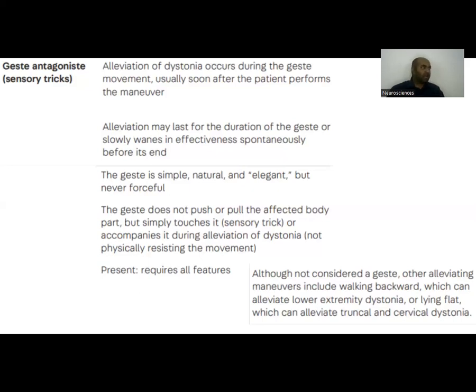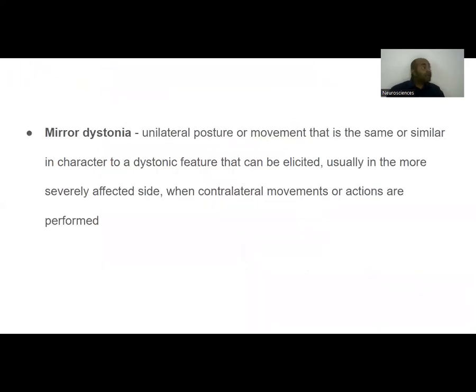If you see this phenomenon, then you can think of dystonia. Suppose a patient has a lower limb dystonia; if he walks backwards, that dystonia will not be present. So it's an alleviating maneuver.